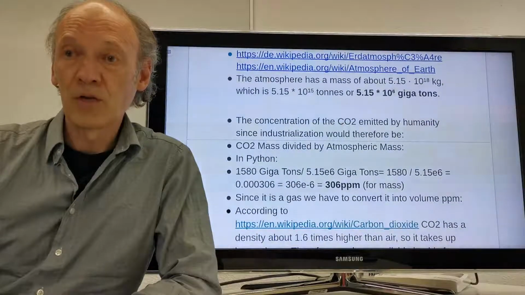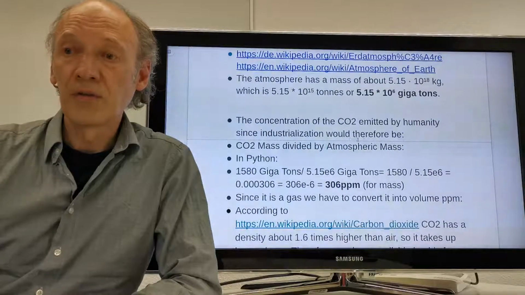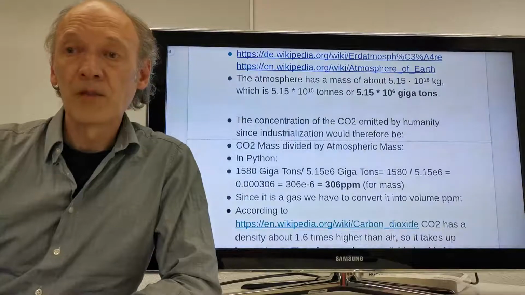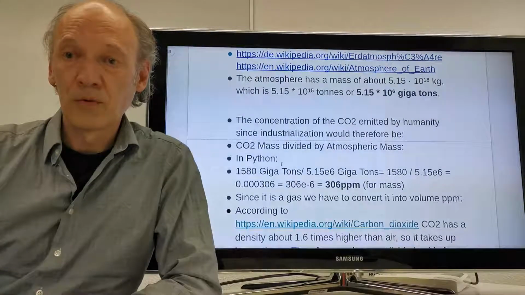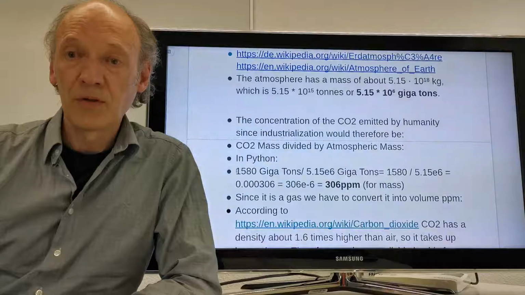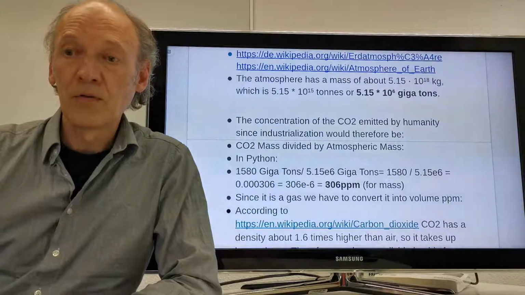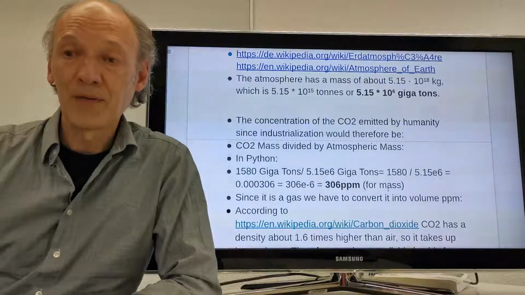So now we just need to set it in relation. The concentration of the CO2 emitted by humanity since industrialization would be the CO2 mass divided by the atmospheric mass, or in Python, 1580 gigatons divided by 5.16 times 10 to the 6 gigatons, and the result is 306 ppm, but for mass.